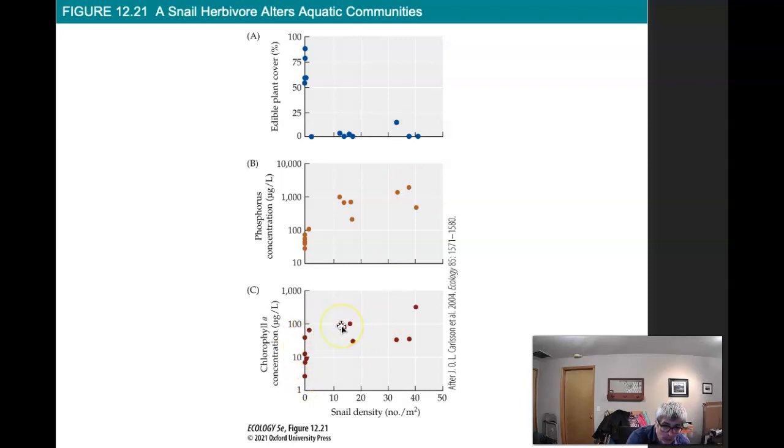Chlorophyll values of 100, wow, micrograms per liter. That's a lot of chlorophyll. That's super green. Oceans are down here. So that's a big change with a small addition of snails, but because they're attacking something that's really structuring the entire ecosystem, absorbing a lot of nutrients and absorbing a lot of light.